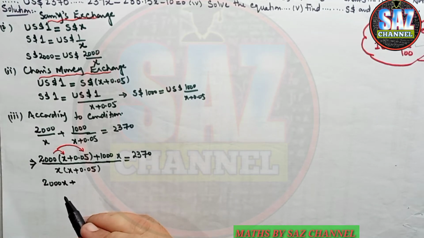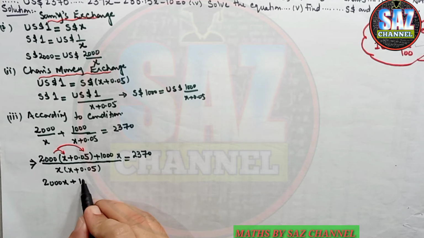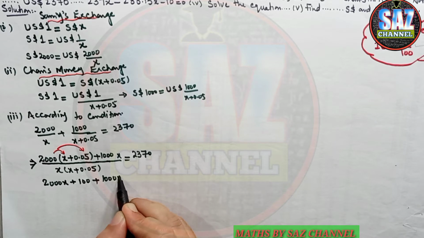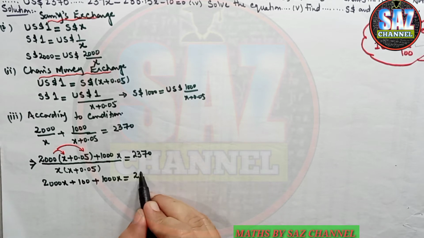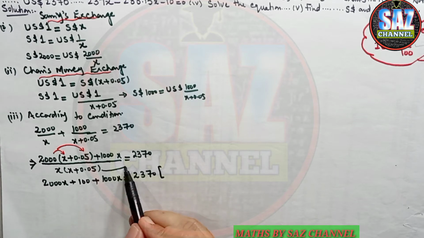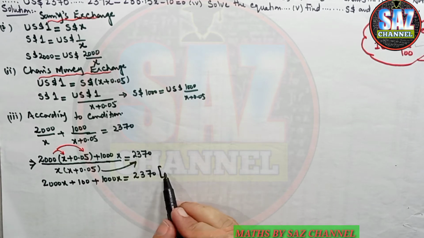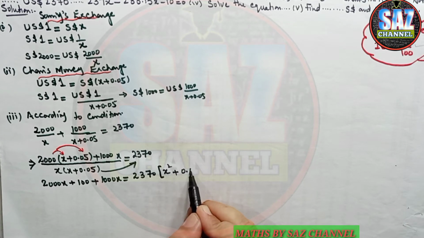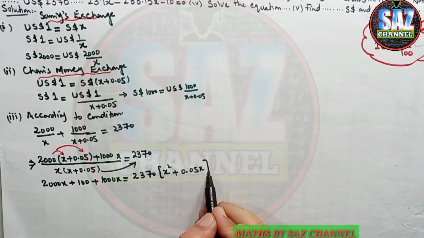Plus 2000 multiplied by 0.05. 2000 multiplied by 0.05 will give me 100, plus 100 plus 1000x equals 2370 into. I have to shift this denominator to the other side, and it will take the form x square plus 0.05x.